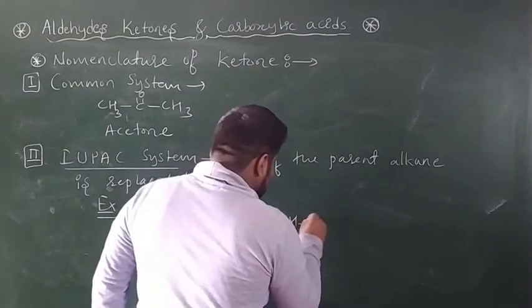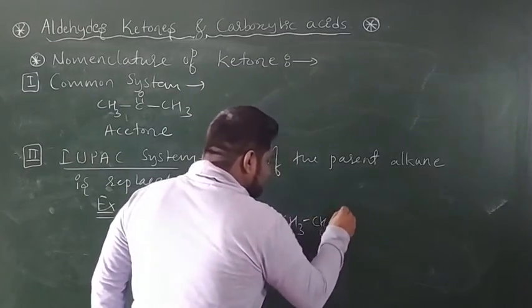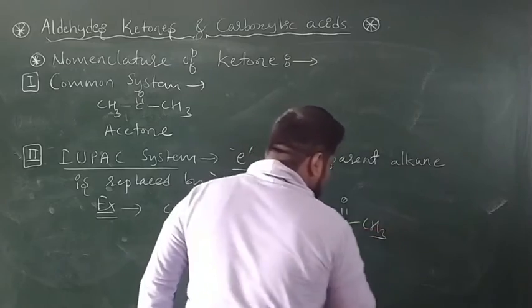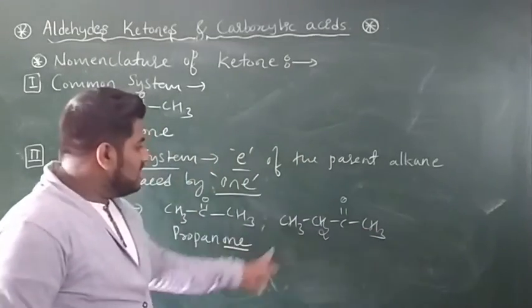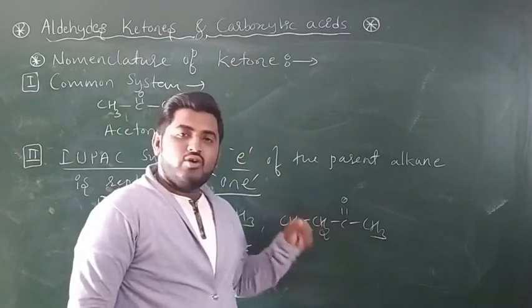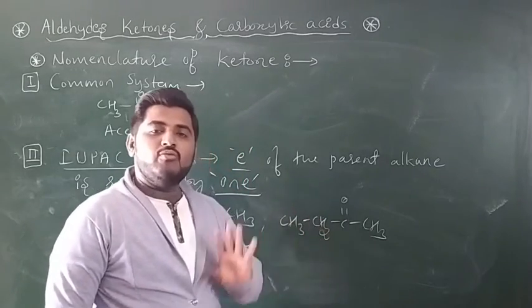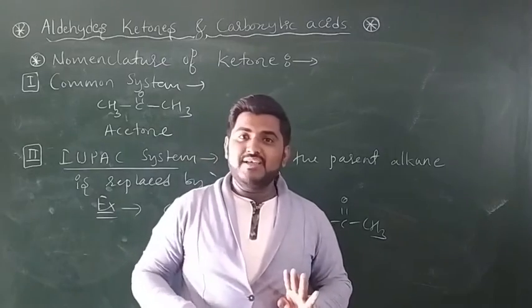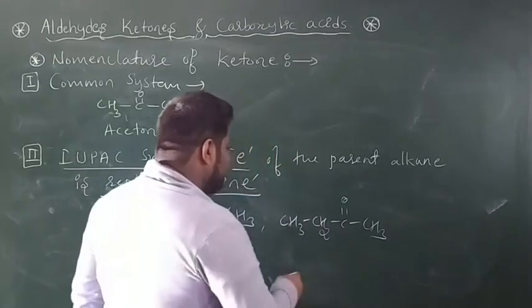Similarly, you can take CH3 CH2 CO CH3. What is the name of this one? 1, 2, 3, 4. 4 carbon atoms are there. So 4 means butane. E is replaced by ONE. So what is the name? Butanone.